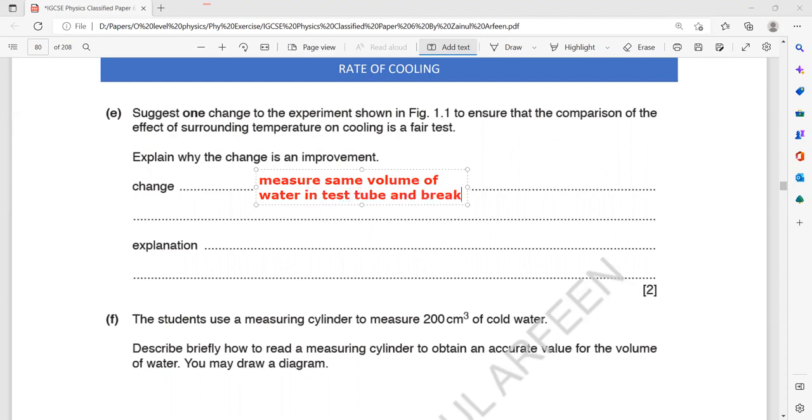And the explanation here is that the rate of cooling changes with the volume of the liquid.